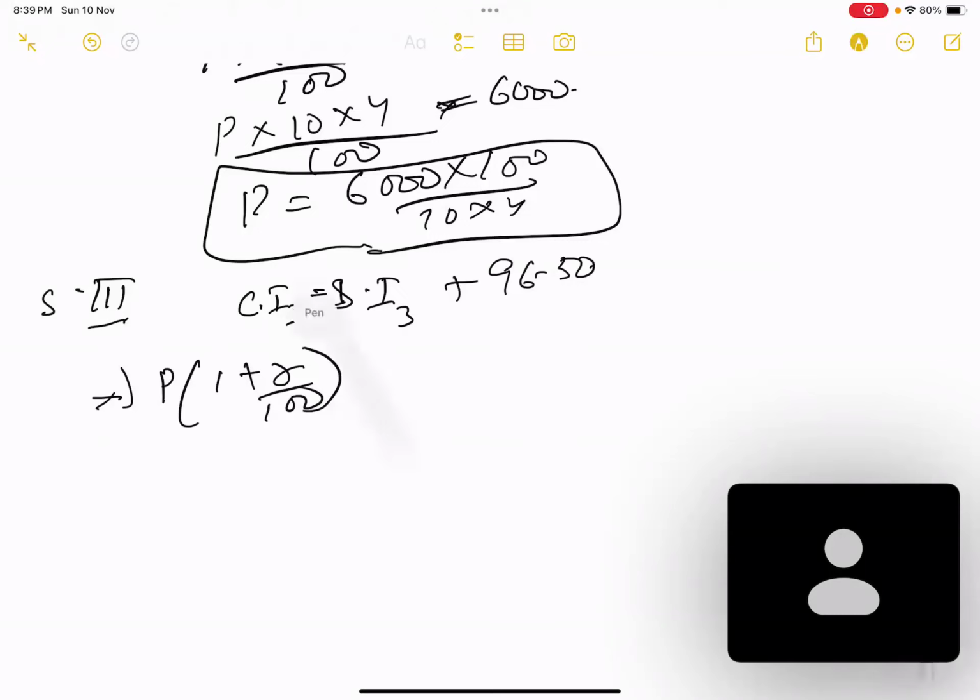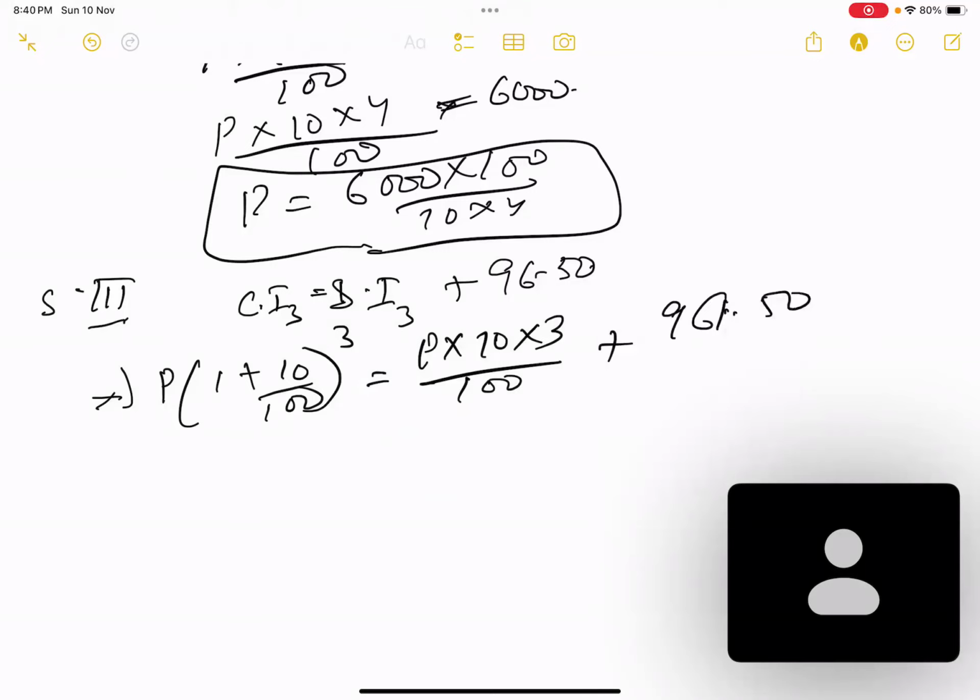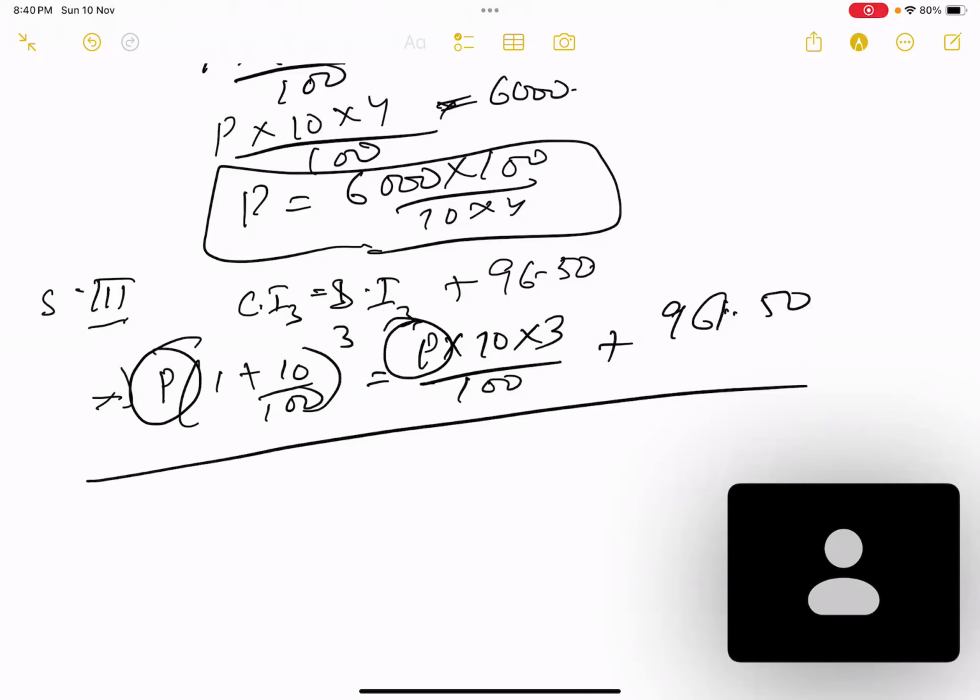Simple interest is P into rate of interest 10 into time, 3 years, by 100, is equal to, plus 961.50. So in this way, only one quantity is left out, which is P. So we can find out P, right?